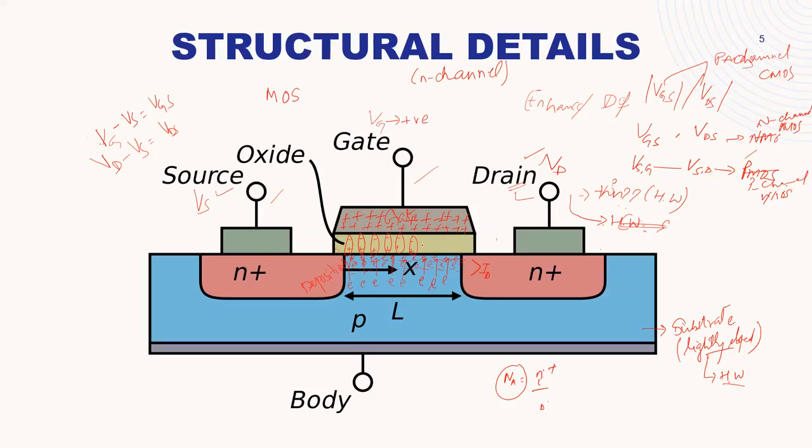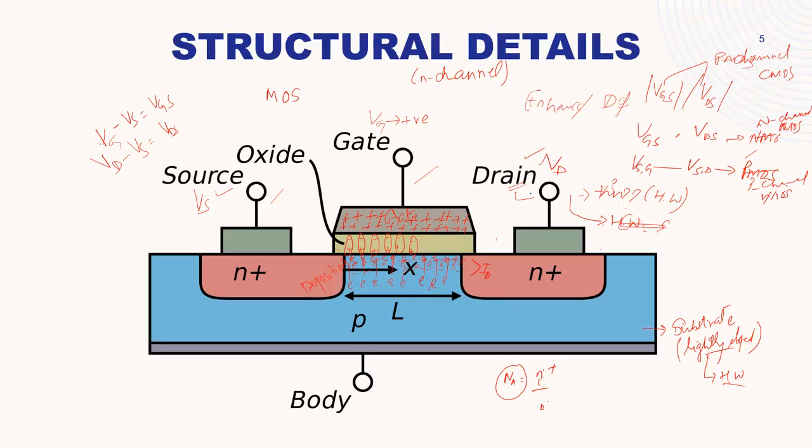The dielectric will have its polarization effect, and all these positive ions in the dielectric will start attracting the electrons, which are the minority carriers, from the p substrate. This will help in the formation of a negatively charged region full of electrons, which is going to conduct, but it will conduct only when your VDS is applied.